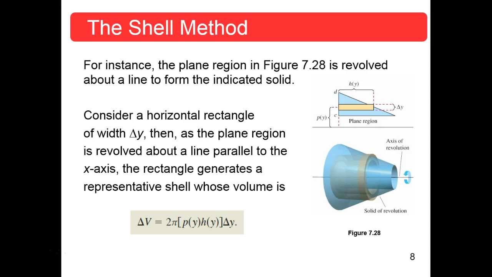And the circumference of this there is 2 pi r. That's your r. So 2 pi r times the area, which is length times width. 2 pi r length times width. That to me is an easy way to remember this.